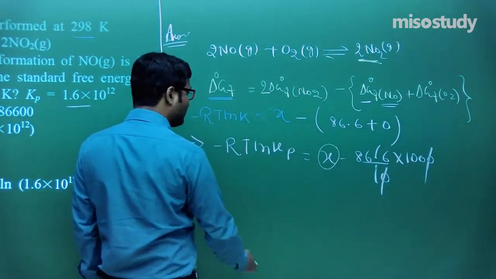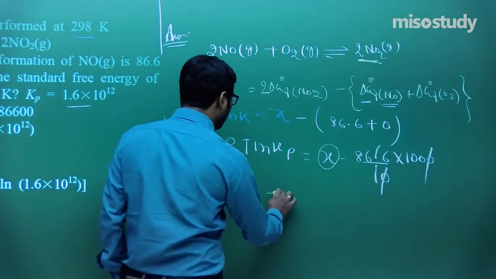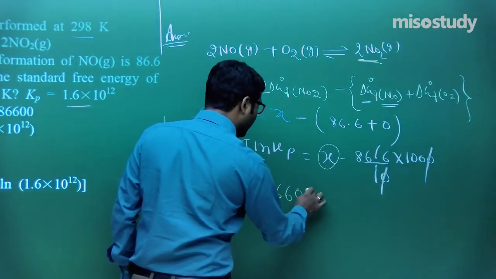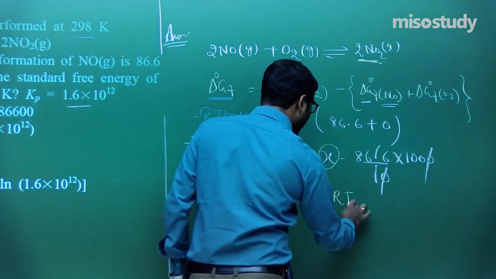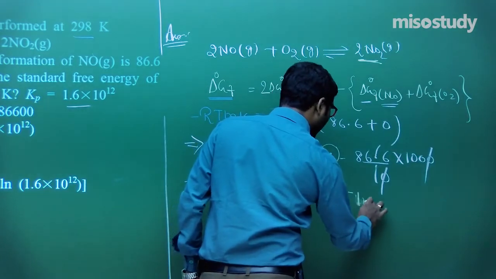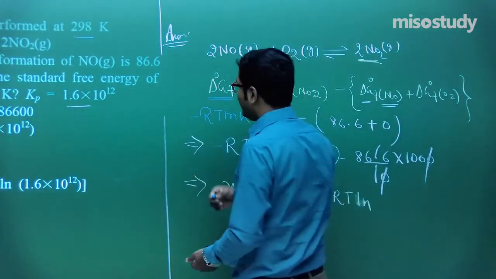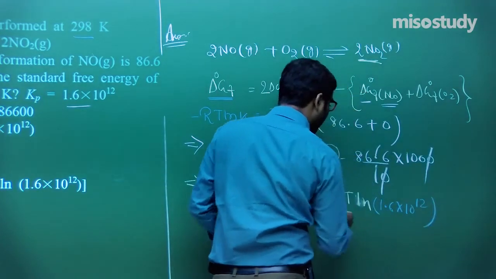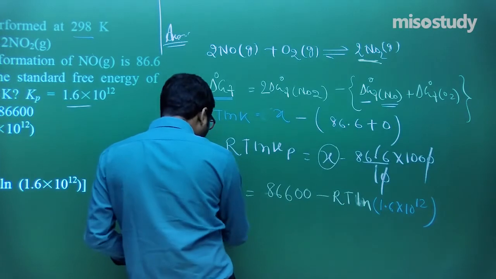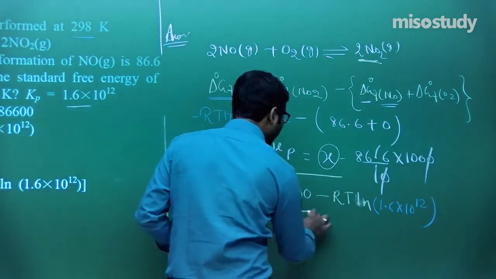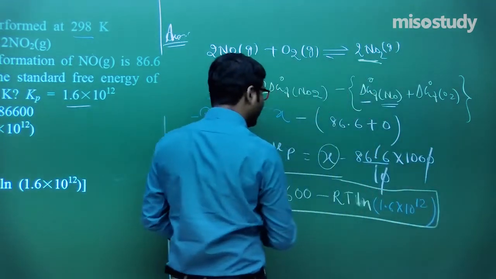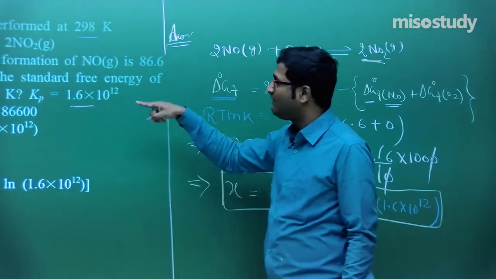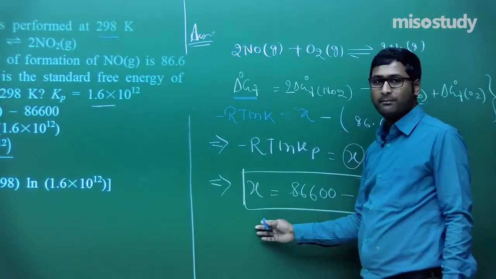So, the final expression, X is equal to, this will move here, that is 86600 minus RT ln K. Now, what is the value of Kp? That is 1.6 into 10 to the power 12. Clear to you? Now, if you solve this expression, then you can easily get the answer. And this is X, the standard free energy of formation of NO2.